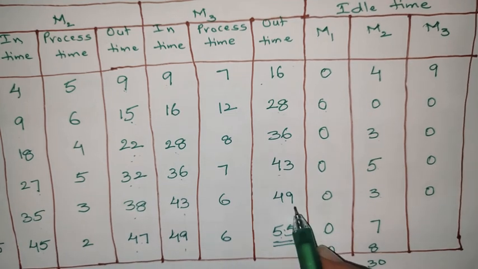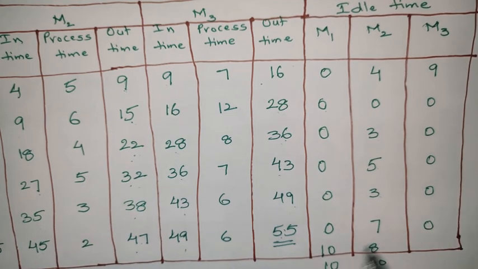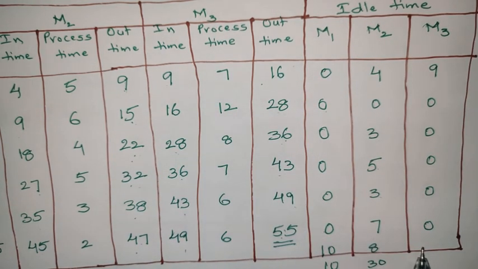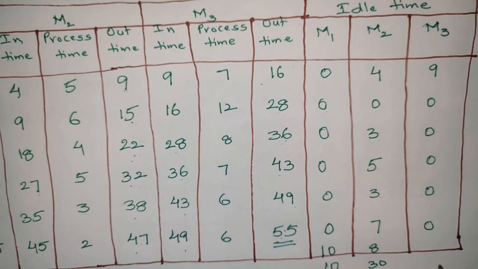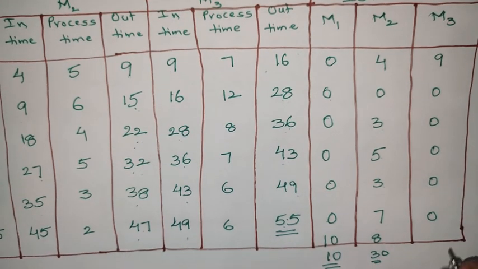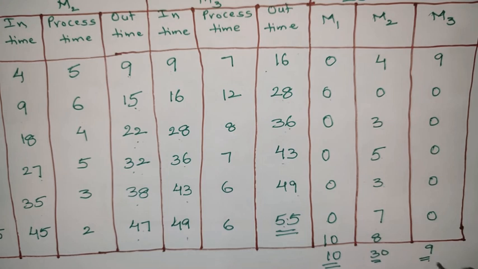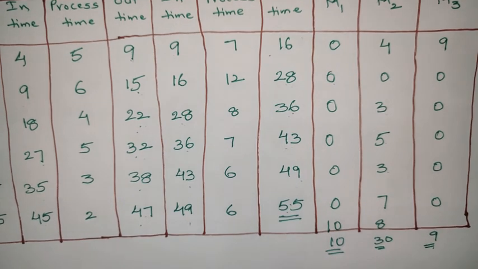Difference of 49 and 49, 0. As this is the last machine, there is no end idle time. Then what is the total idle time on machine 3? 9 plus 0 plus 0 plus 0 plus 0 plus 0. It is 9 hours. Okay, so now we have found all the idle times on the 3 machines.